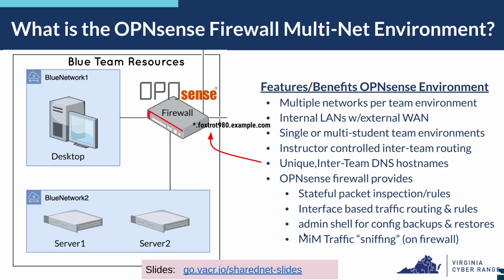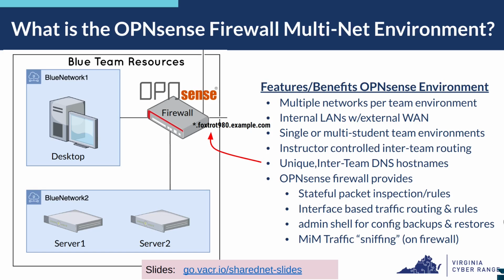On the firewall side, if you haven't heard of OPNsense, it's a fork of pfSense, which is a firewall built on top of BSD. Really great system. We've been working with the OPNsense guys on their Amazon image, and we love it. It's super powerful. It's the kind of thing you'll see in enterprise type firewall environments.